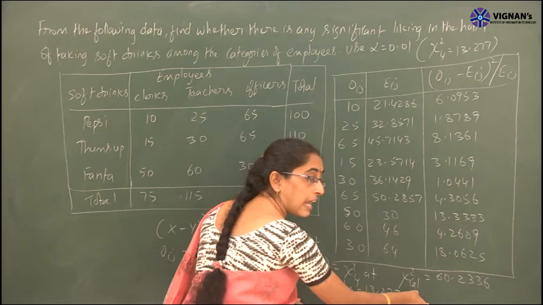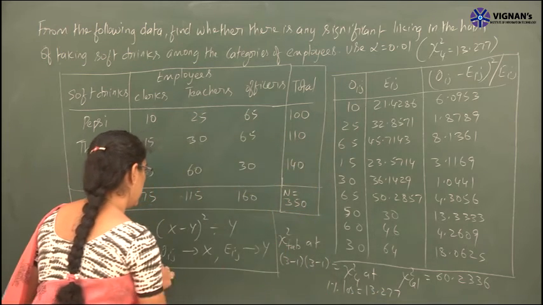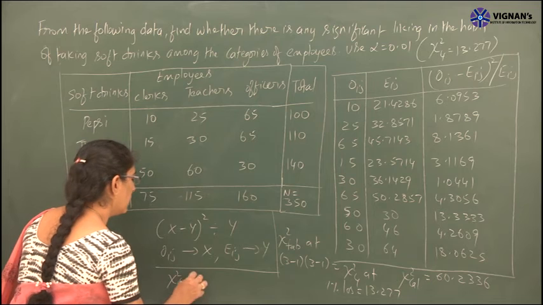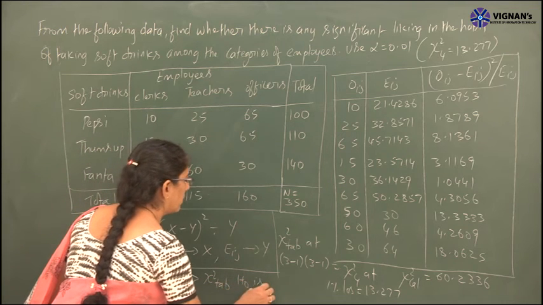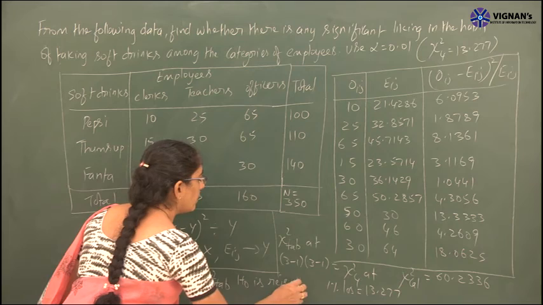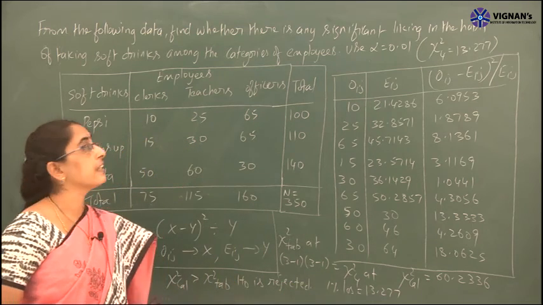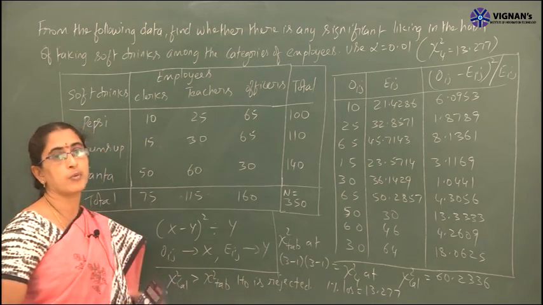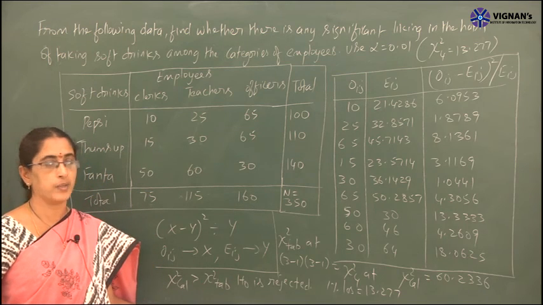So chi-square calculated is greater than chi-square tabulated. So that means here H0 is rejected. So here there is no significant liking in the habit of taking soft drinks among the categories of employees. That is the conclusion for this problem.